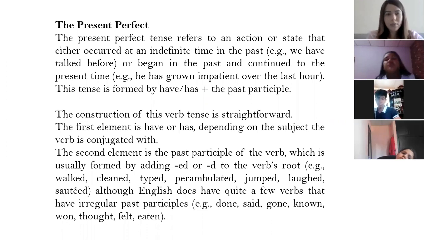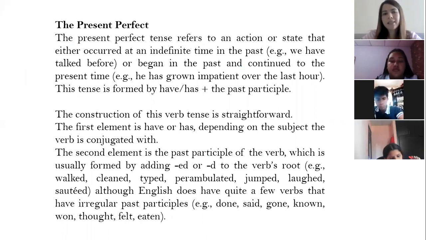The present perfect tense refers to an action or state that either occurred at an indefinite time in the past, for example, we have talked before, or began in the past and continued to the present time.